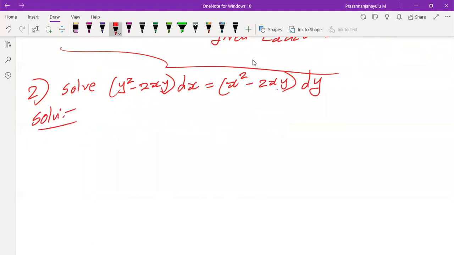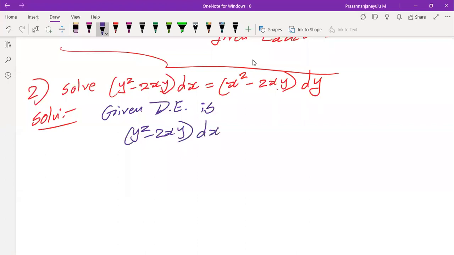Bring the right hand side term also to the left hand side, then it will become in the form of M dx plus N dy. Given differential equation is (y square minus 2xy) dx minus (x square minus 2xy) dy equals to 0.